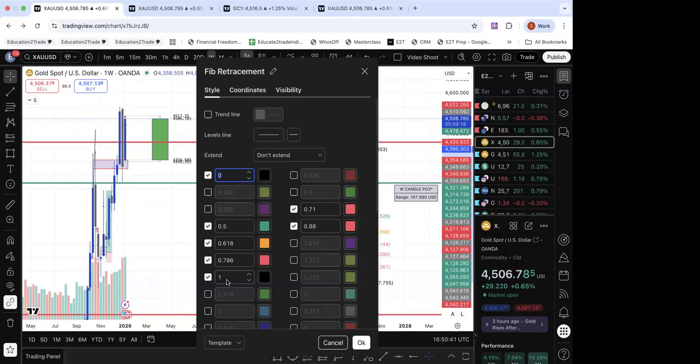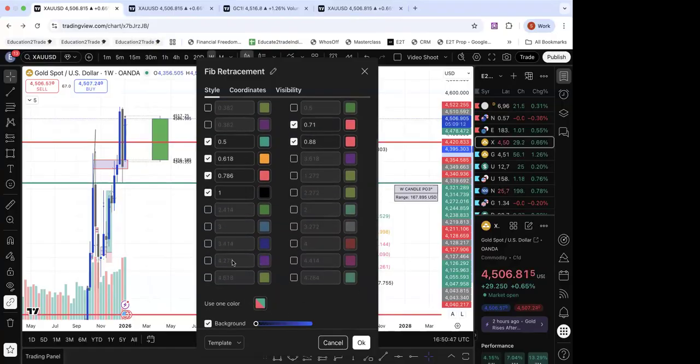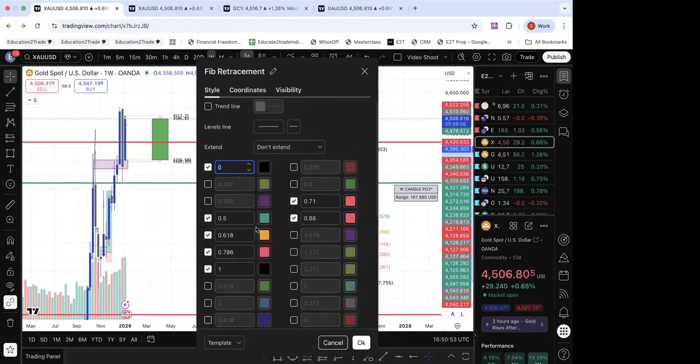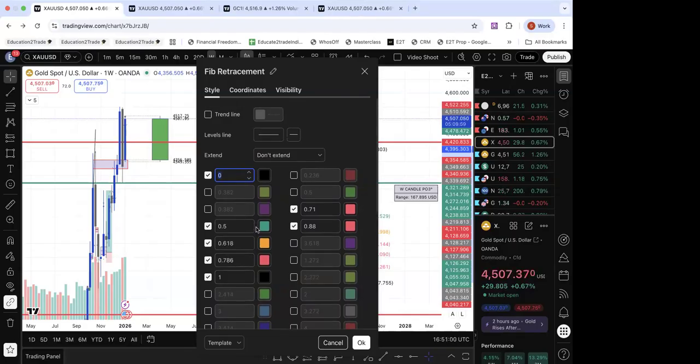The 1 is the 100%. There are multiple fib levels, but for this particular strategy, which we have discussed earlier, these are the fib levels which work and which have been backtested as well.